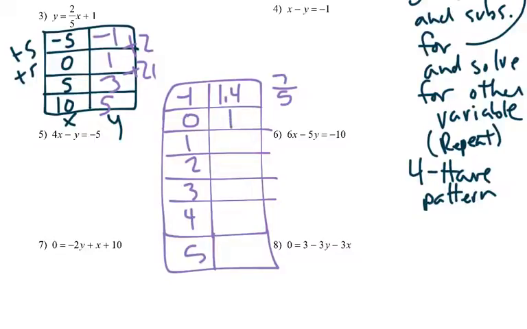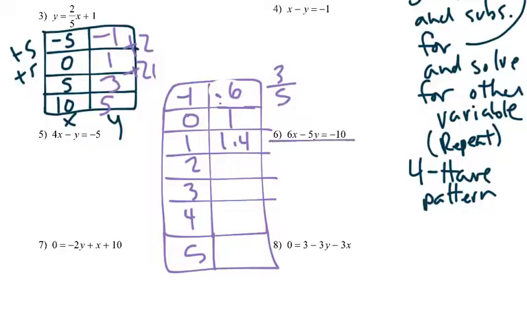Okay. 1, if we did that one, oh, I did that one wrong, didn't I? This one should be 1.4, huh? That would have been a negative 2/5 plus 1, which would have given us 0.6 or 3/5.